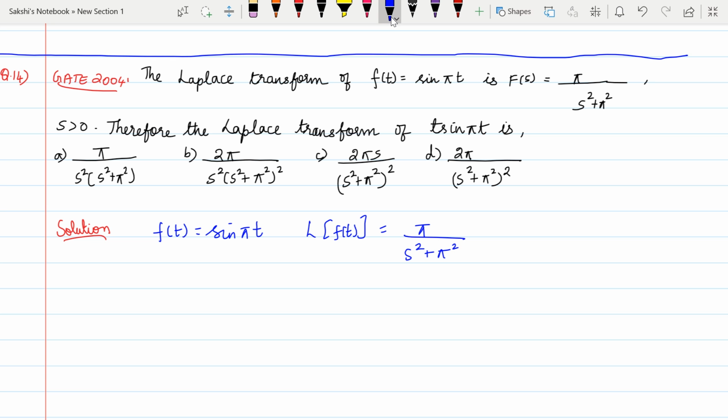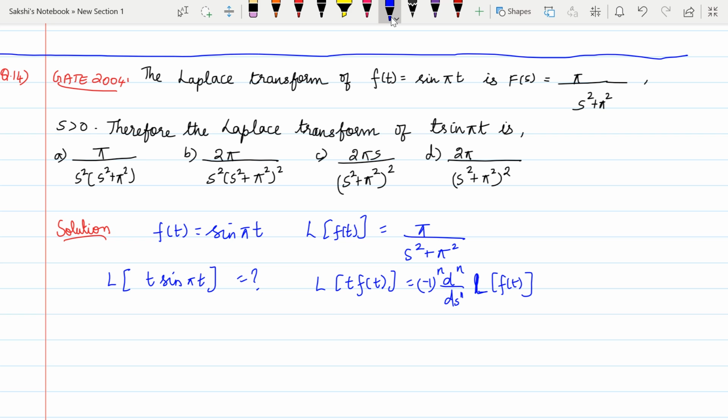Now we have to find the Laplace transform of L of t sine pi t. We know that L of t^n f of t is equal to (minus 1) the whole power n, d by ds the whole power n, into the Laplace transform of f of t.